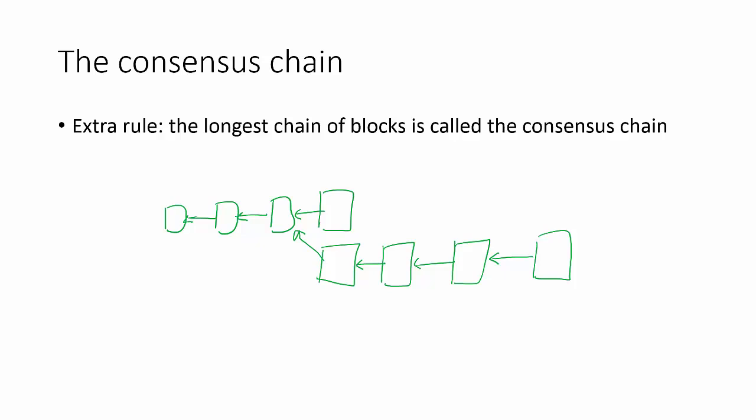In this case, this setup is the consensus chain. Why this can happen has to do with how step 3 on the previous slide is implemented in reality, which can lead to multiple nodes proposing a block at more or less the same time. We will go into this in detail in future lectures.